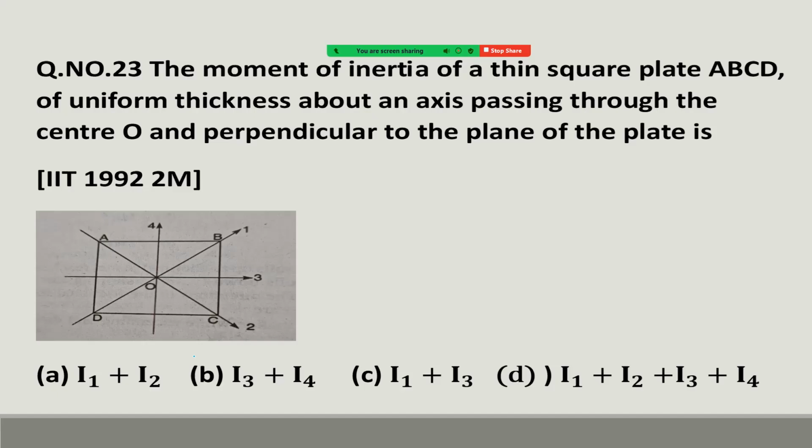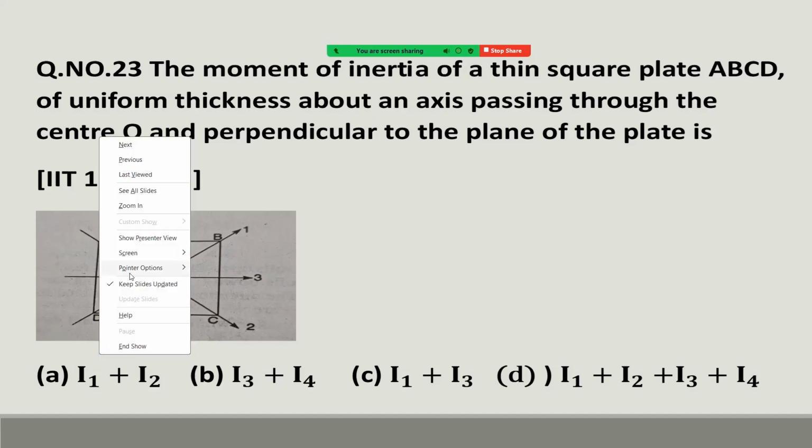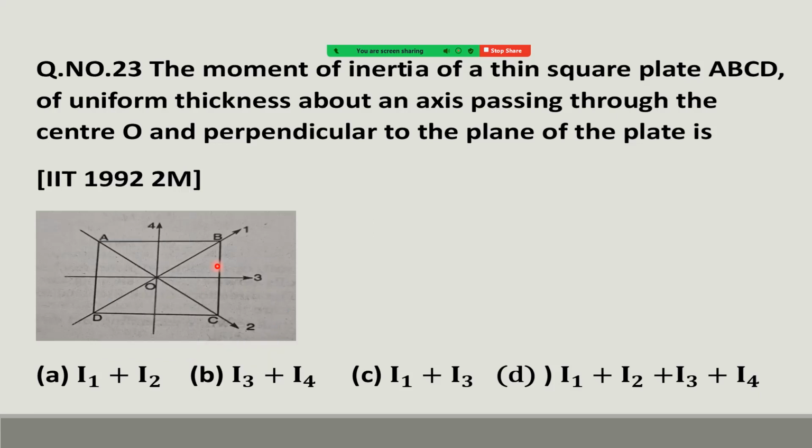That means, see what we can say. We can say I1 plus I2 directly, I3 plus I4. Even we can say I1 plus I3, or even we can say I1 plus I4. Get the point. You can take any of the combinations. 1, 2, 3, 4. Okay. Any of the combinations: 1, 2, 1, 3, 1, 4, or you can say 2, 3, 2, 4.